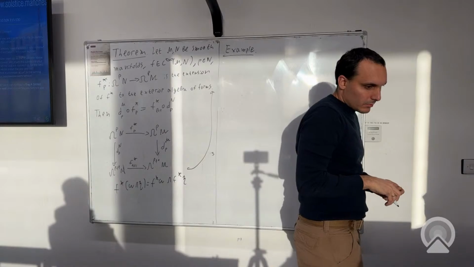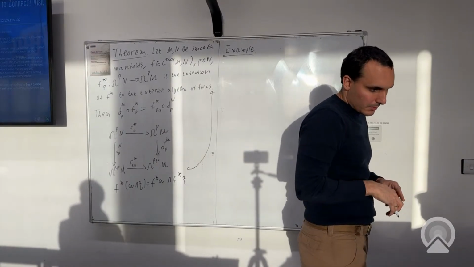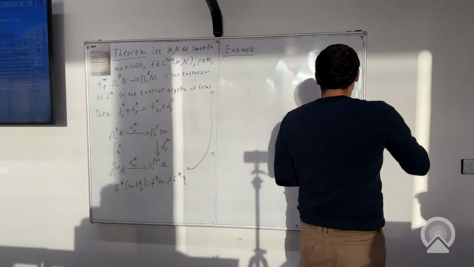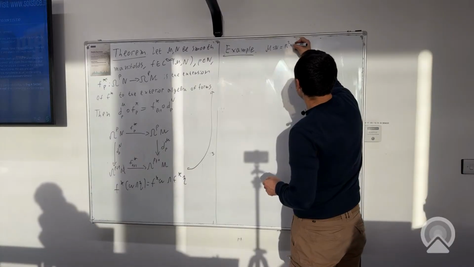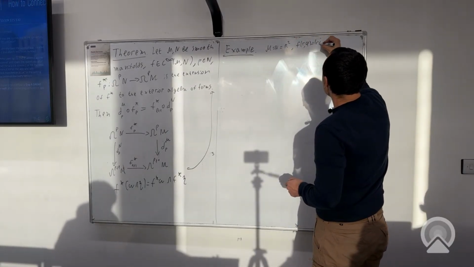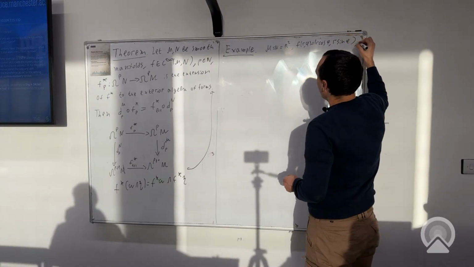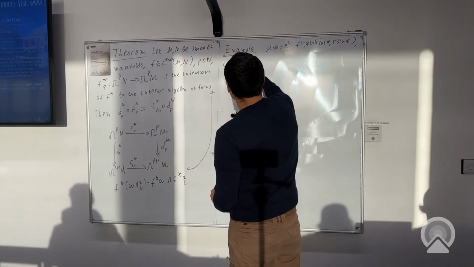Example. I have one, this is in the preprint. I will write it in a simpler way. Again the same thing here, and f of r, phi is r cosine phi, r sine phi. And now omega is dx wedge dy.